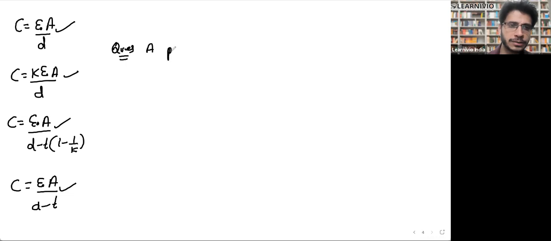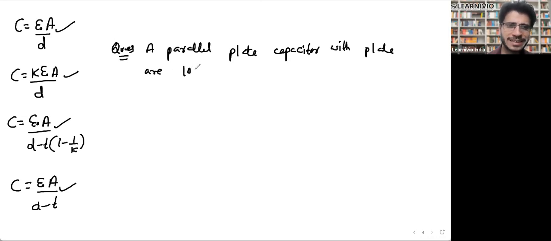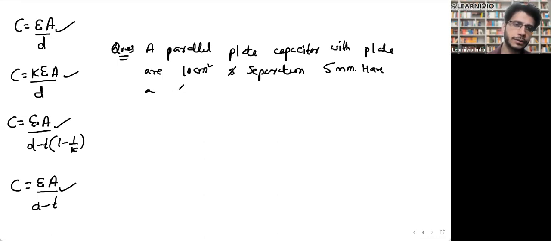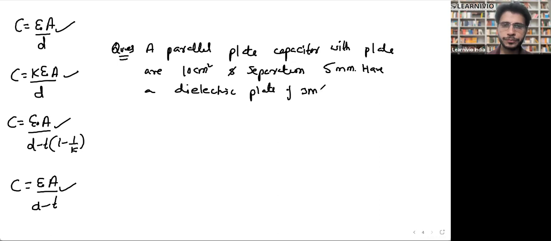A parallel plate capacitor with plate area 10 centimeters square and separation 5 mm has a dielectric plate of 3 mm.